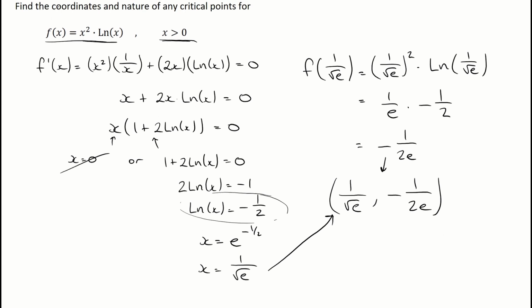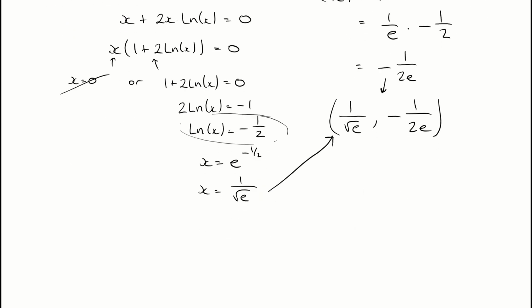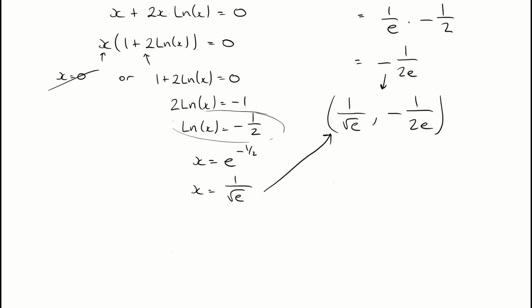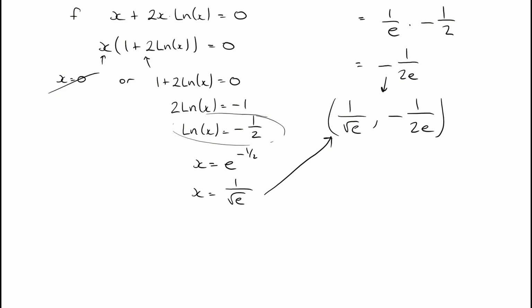The other part of the question though, we have to find the nature, and we can do this by using either the sign test or the double derivative test. Now you can choose, but I'm going to go with the double derivative test. So we saw that this bit here was our first derivative. So if I want the second derivative, I'll just differentiate this x here, gives me 1. But now I've got a product rule happening again here, so we can product rule out, that's okay.